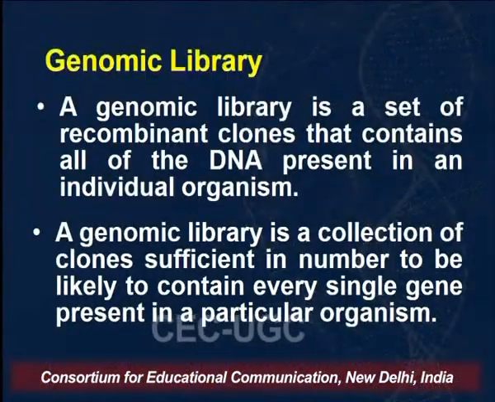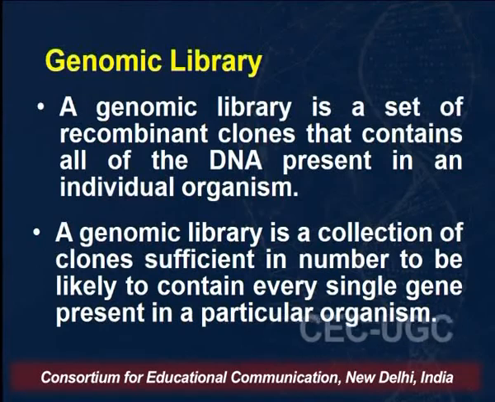A genomic library is a collection of clones sufficient in number to be likely to contain every single gene present in a particular organism. Now, this is a very interesting statement because when I say that we clone the entire genome into different cloning vectors and that set represents a genomic library, it becomes essential that all the genes or the entire genome divided into the fragments is represented in that genomic library.